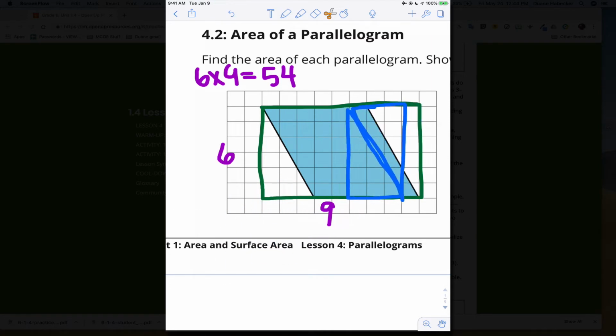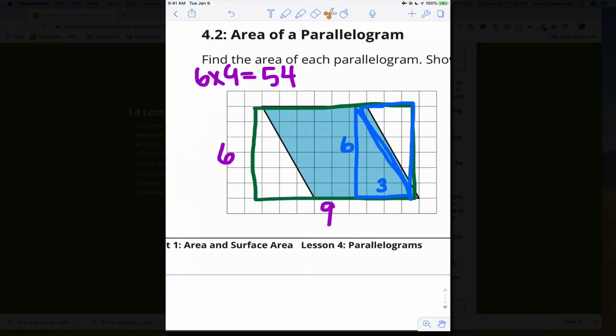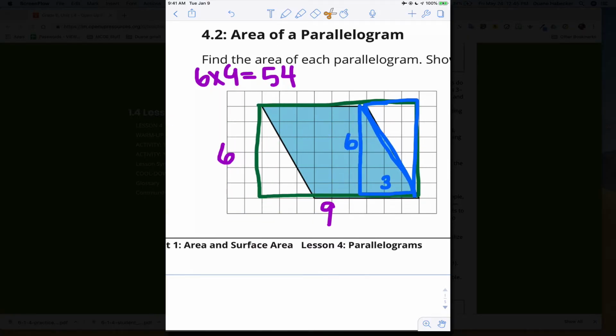That rectangle has a height of 6 and a width of 3, which means that rectangle has an area of 18.